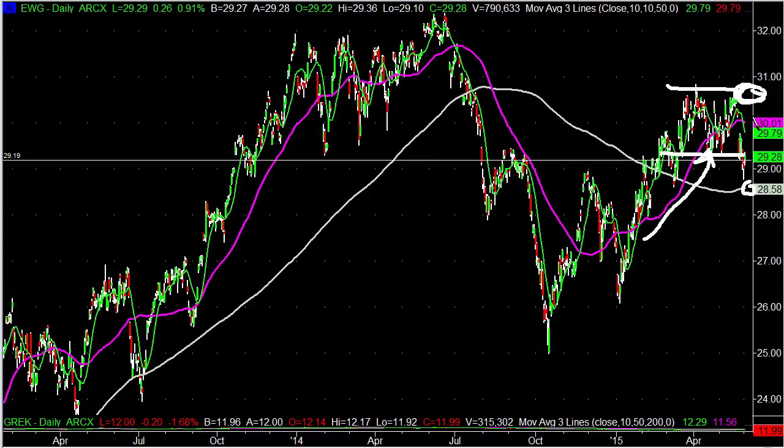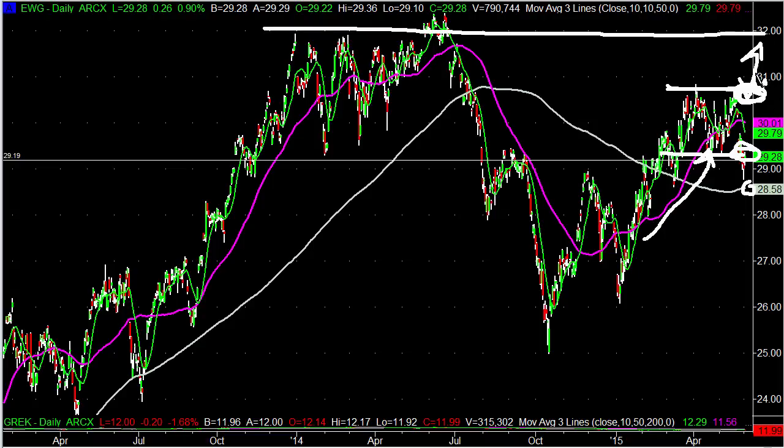Right now it's in a warning phase. So if it gets to the top of this range, I'd much rather have been long down at the bottom of the range, and let's see if it can break out, because if this consolidation has just been tested on one side and then breaks out to the other, my objective really would be to be getting into a trade now that could test the 32 level.